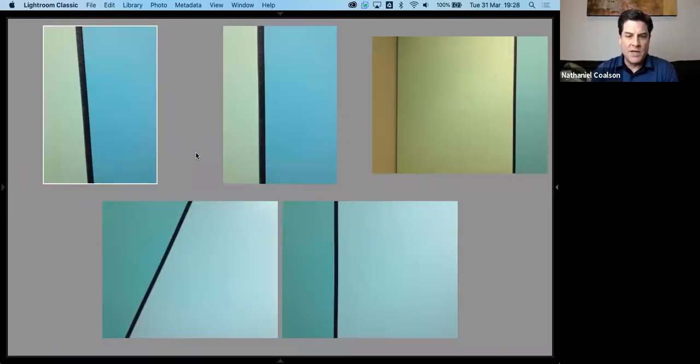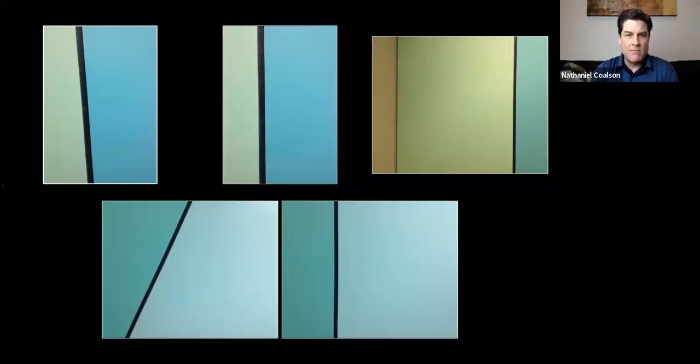Here's a set of pictures that I made in a friend's house in Canada. Sitting out on their balcony one day, I just realized how interesting these very hard graphics look, these solid fields of color, and just created a little series, playing with different compositions, rotating the camera different ways.